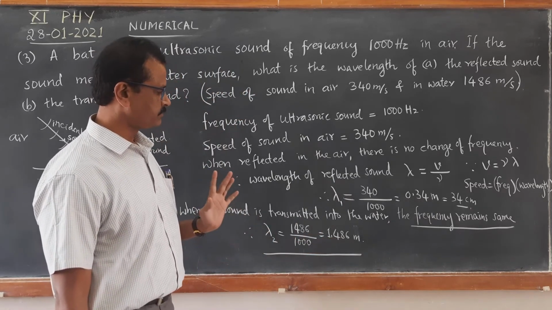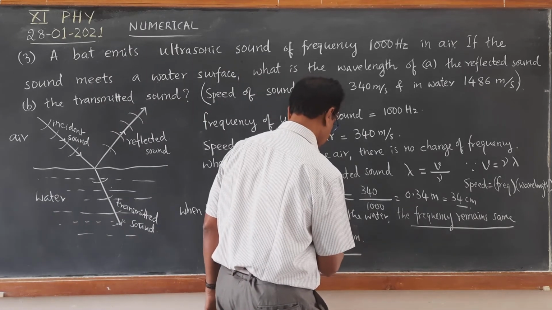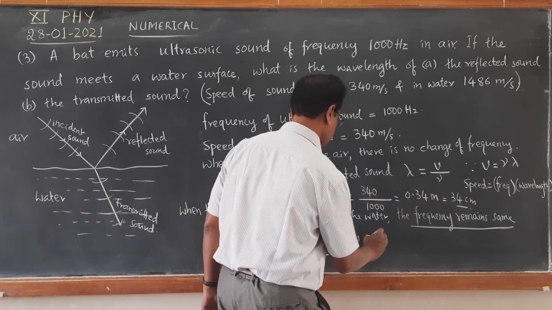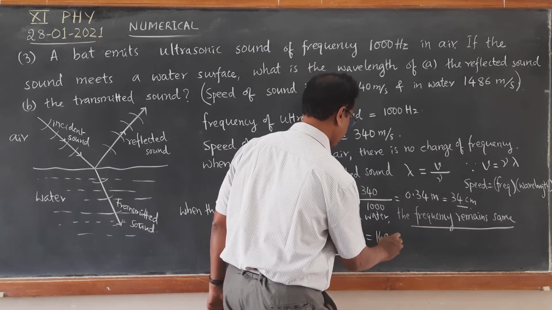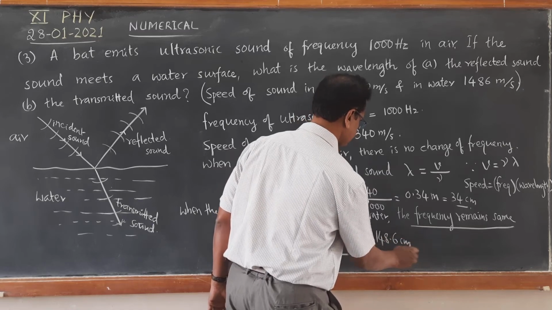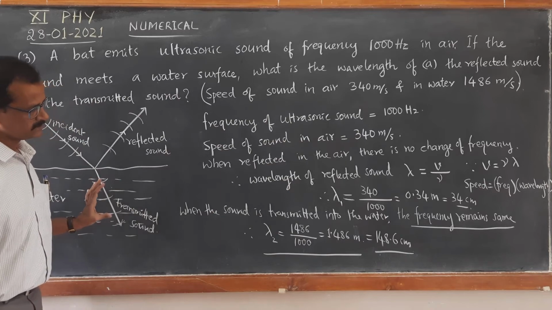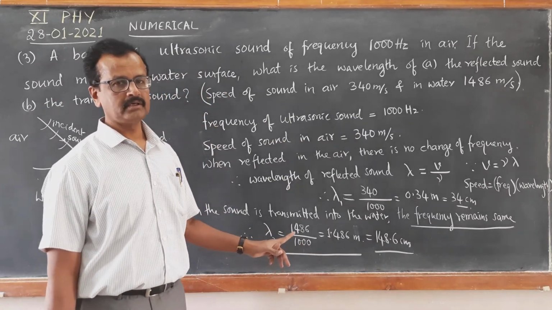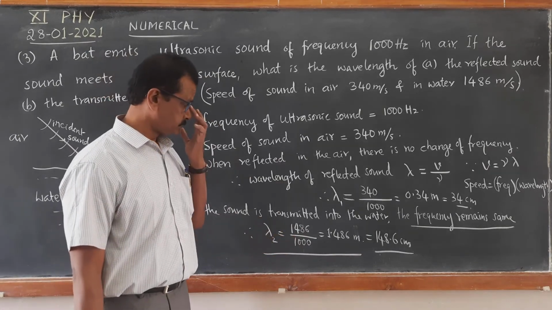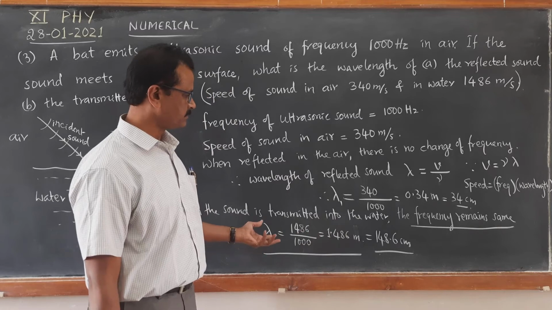That is the meaning of the wavelength. So you can write it as 148.6 centimeter. So it means the distance between the crests here increases. The reason is the speed of the ultrasonic sound increases. Right? This is how we calculate the wavelength.